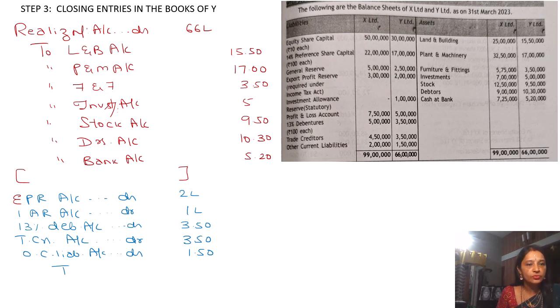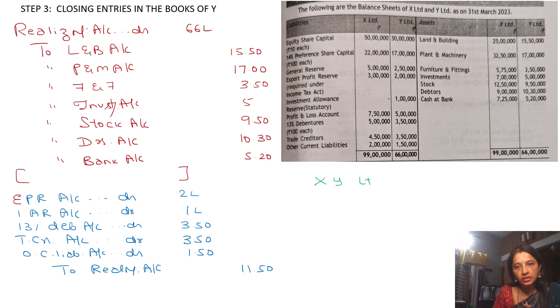To realization account, amount is 11,50,000. You take the total of all these, you get 11,50,000. This is entry for transferring all the liabilities. The next entry is for purchase consideration due.